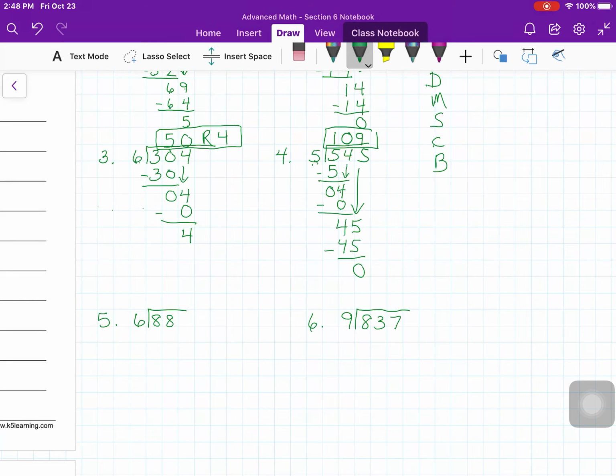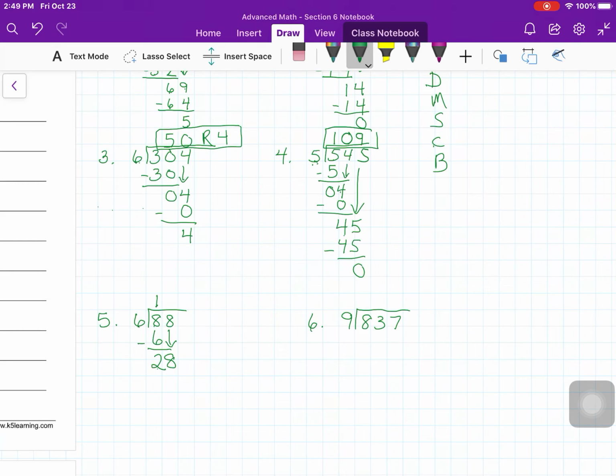All right, so I decide 6 goes into 8 one time, and 1 times 6 is 6. Then I subtract. 8 minus 6 is 2. I check to make sure that 2 is smaller than 6. I bring down my 8, and then I repeat the process.